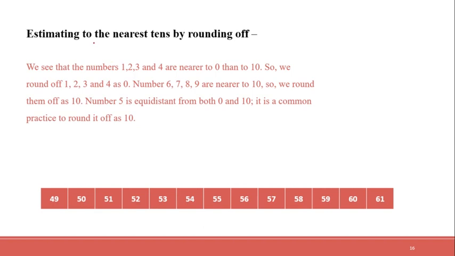First, start with estimating to the nearest tens by rounding off. Before starting it, let me tell you why there is a need of estimation. For example, if you go to watch a movie and you come home, and your parents ask how many people were there in the cinema hall, you'll say there were approximately 150 or 200 people.